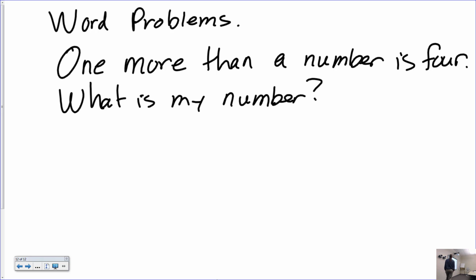X plus 1 equals 4. How do you get x plus 1 equals 4 from that first sentence, folks? A number is x, good. 1 more than is plus 1. Is 4. Equals 4. Okay, awesome.